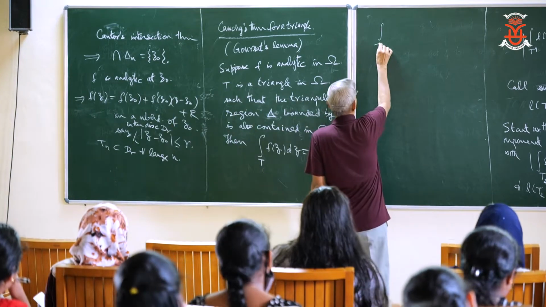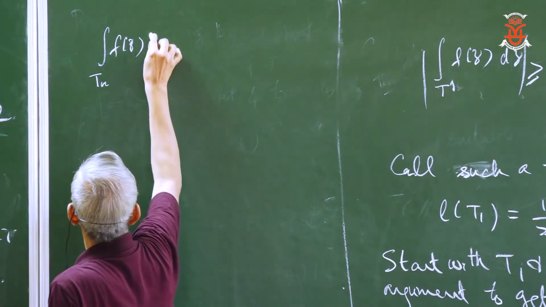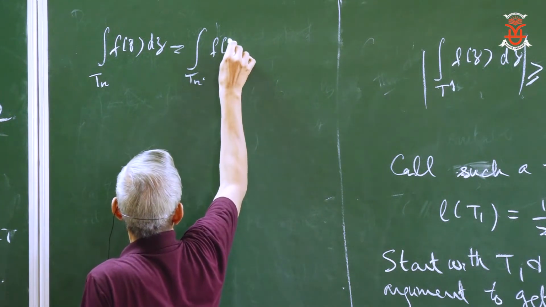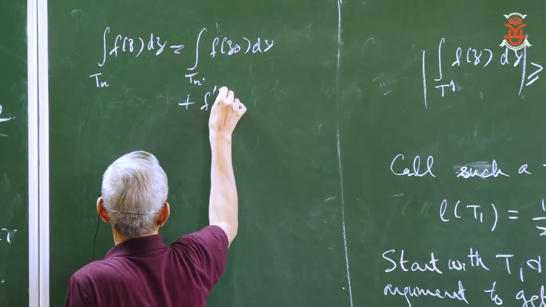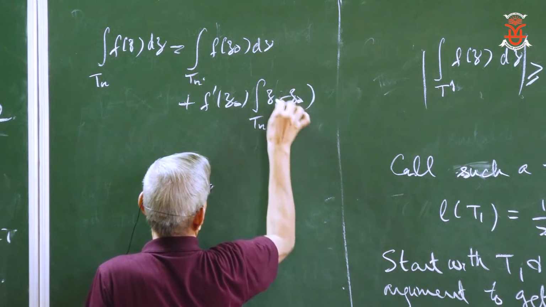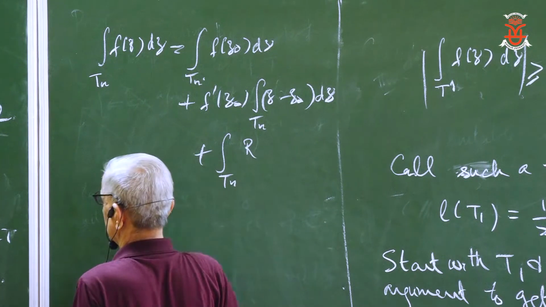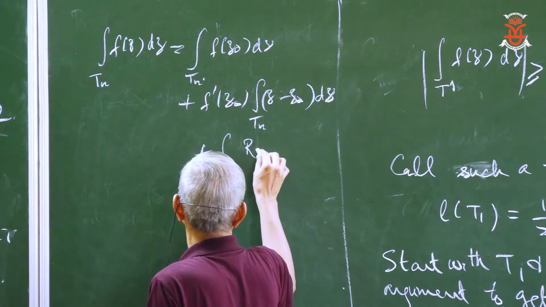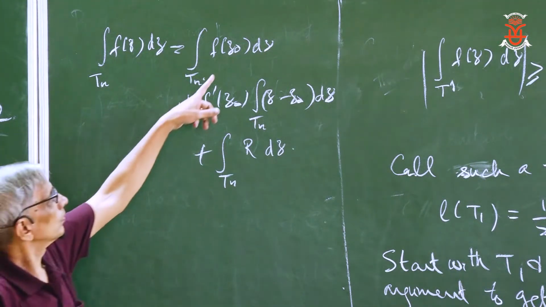The integral over Tn of f(z) is the integral over Tn of f(Z0) plus f prime Z0 times (z minus Z0), plus the remainder. What about these terms?